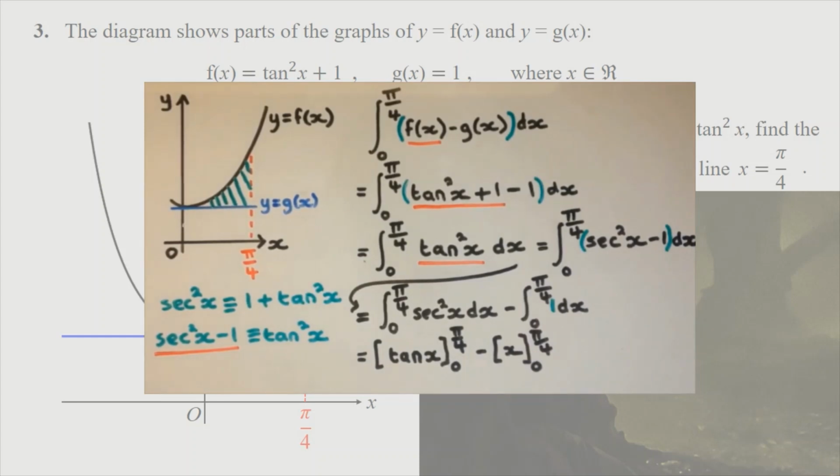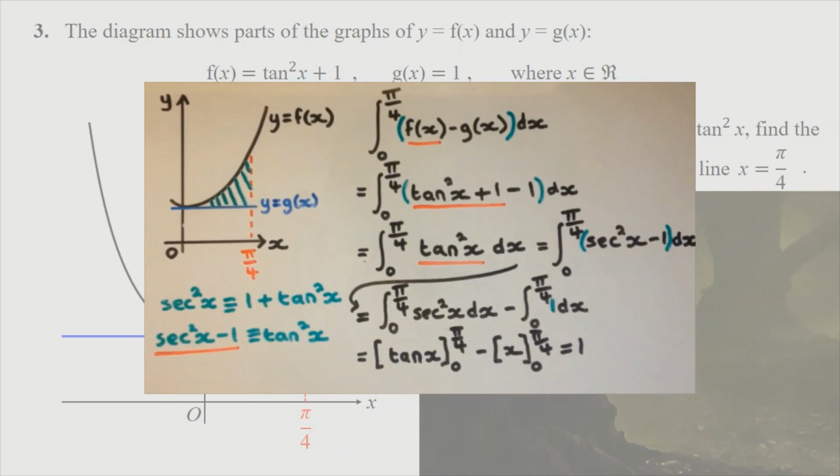And we're ready to write down the answer now. I'm not going to use the curly brackets because this is pretty easy. If I do tan of pi over 4, that's simply 1. Tan of 0 is 0. So this is going to leave me with 1 for my first upper limit evaluated. And then for my lower limit, I'm going to be subtracting the difference of pi over 4 and 0, which is just pi over 4.